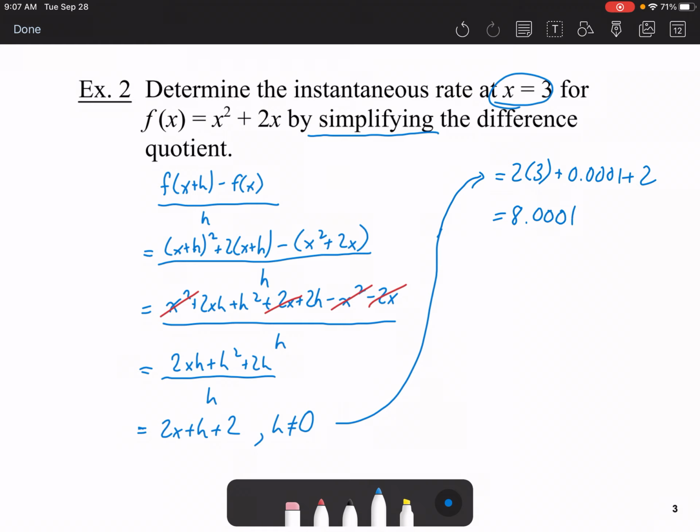Now, if we were able to put in 0 for h, you would notice that this is approximately the value of 8. So the only issue here is h being equal to 0. So you can choose values really close to 0. It doesn't have to be 0.0001. That's a suggestion, but it changes for each type of function.